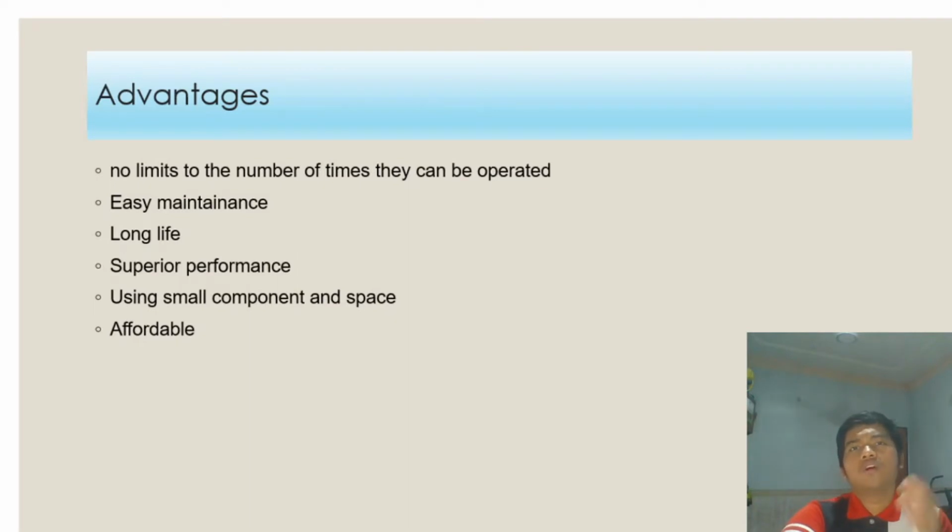An advantage of the forward reverse direct online motor starter is it has no limit on the number of times it can be operated, which means we can use it many times. It is easily maintained and long-lived, and it has superior performance.